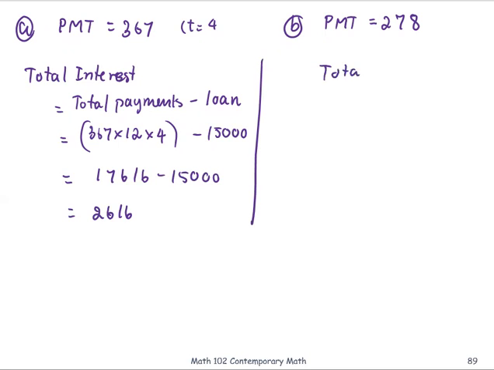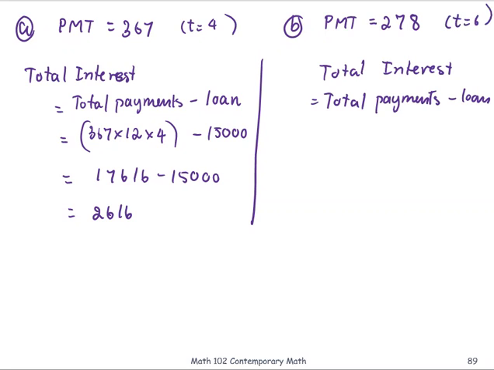For option B, the total interest would be computed the same way. Compute the total payments and then subtract the loan. Recall for loan B, the total time is 6 years.